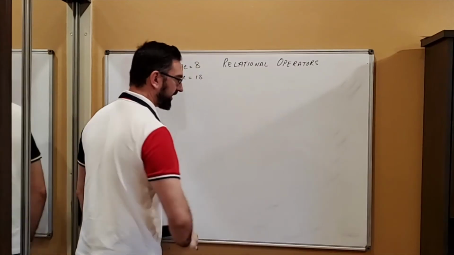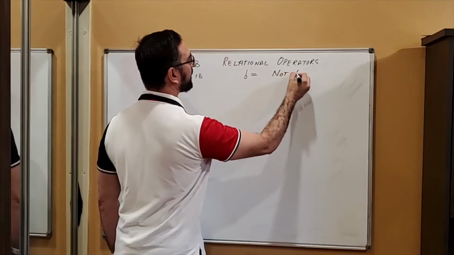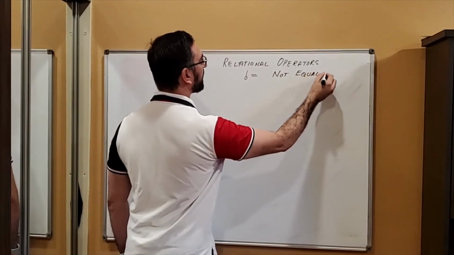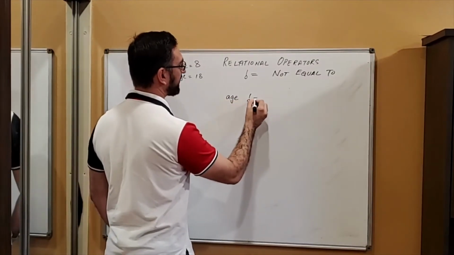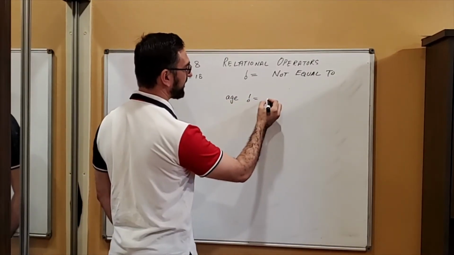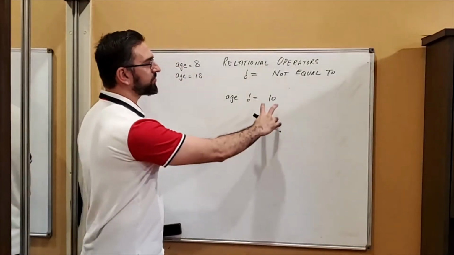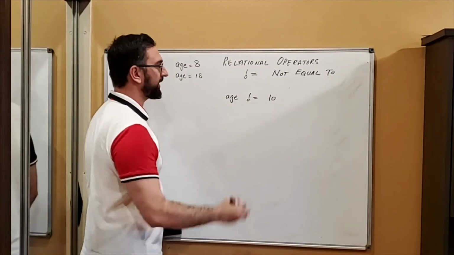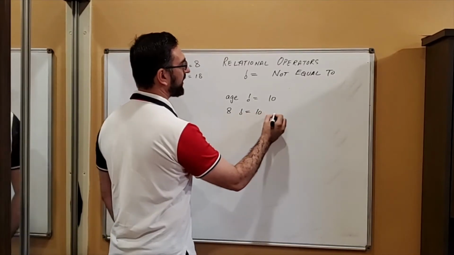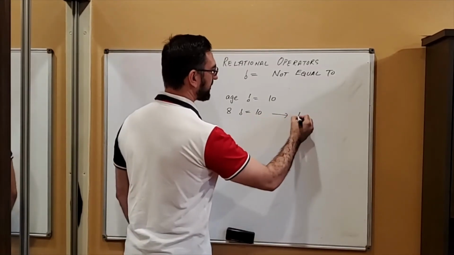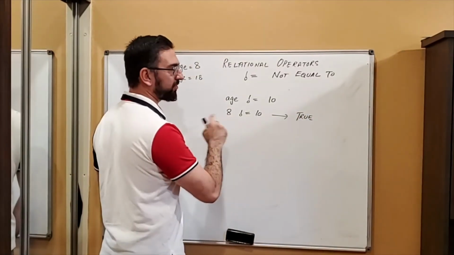Let's look at the inverse of this, which is not equal to. What that means is if I have this relational operator in my statement, let's just say anyone who is not 10 years old can ride a roller coaster, right? So in this case, if an 8-year-old comes in and it's compared, true, so this person can ride the roller coaster.